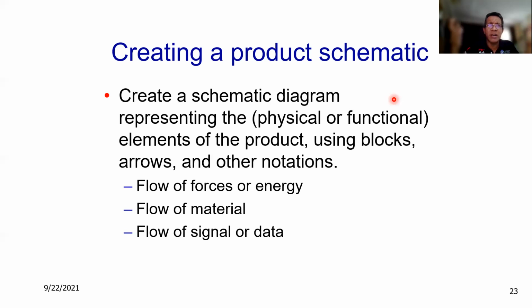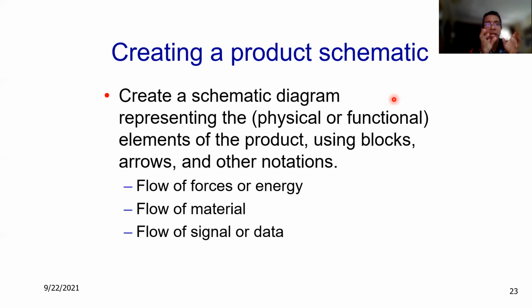If we have more than 30 chunks at the beginning, we need to aim to reduce to around 30 or below inside our schematic design, for the purpose of establishing the product architecture.